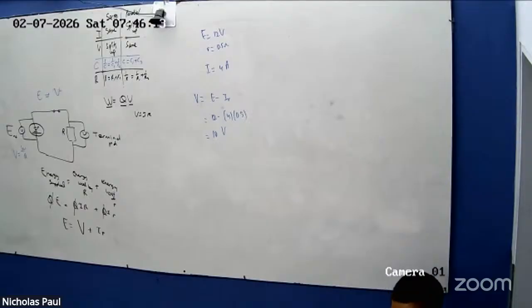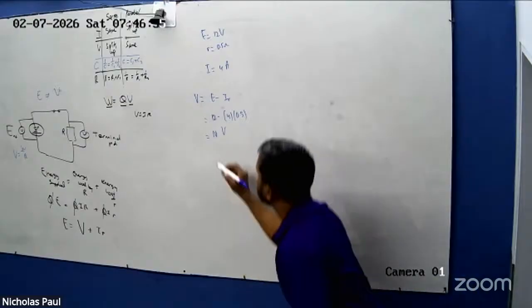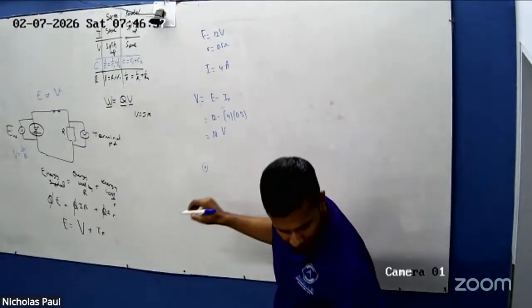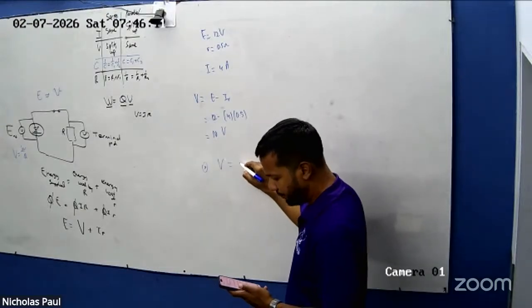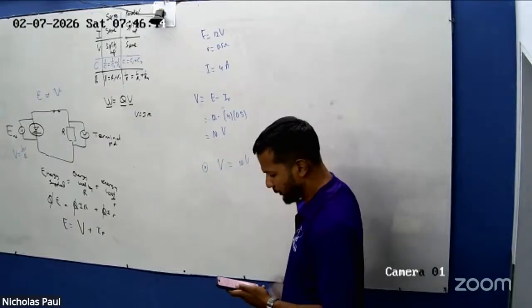Yeah, power loss. Let's do that, and I have one more question and we're done. But this one is a theoretical one. I like this one. What did they give you again? They gave you the terminal PD, 10 volts.